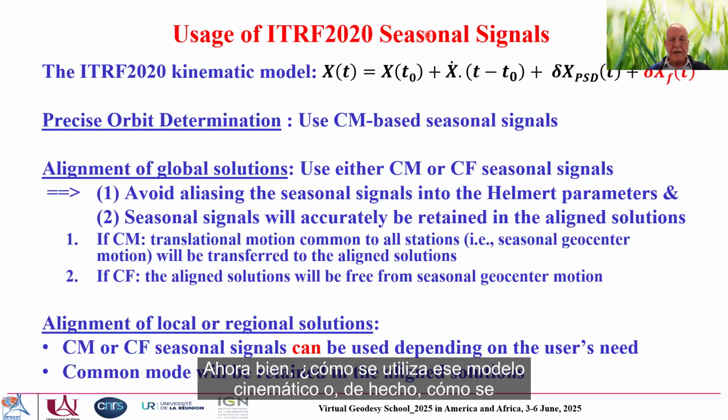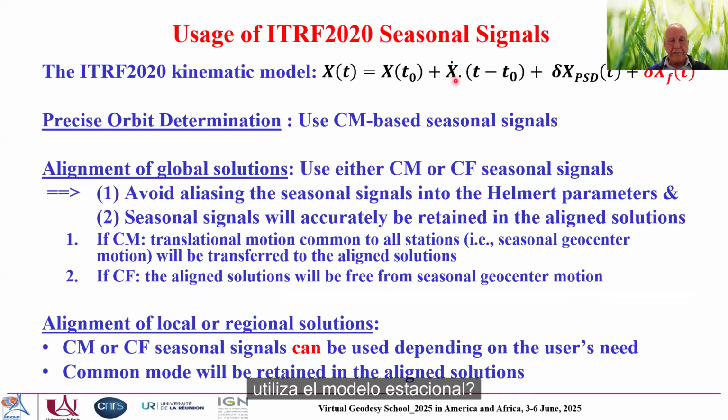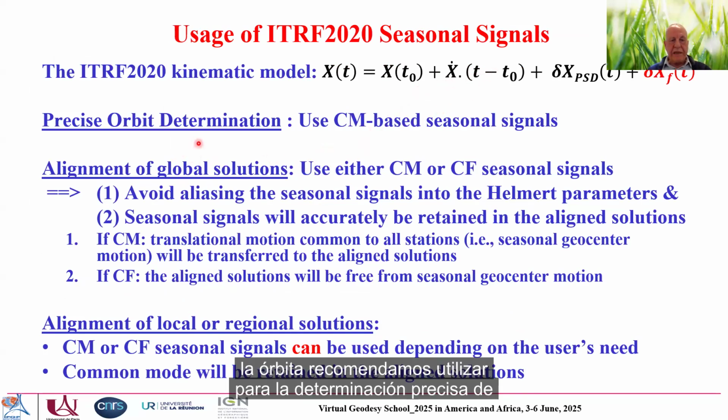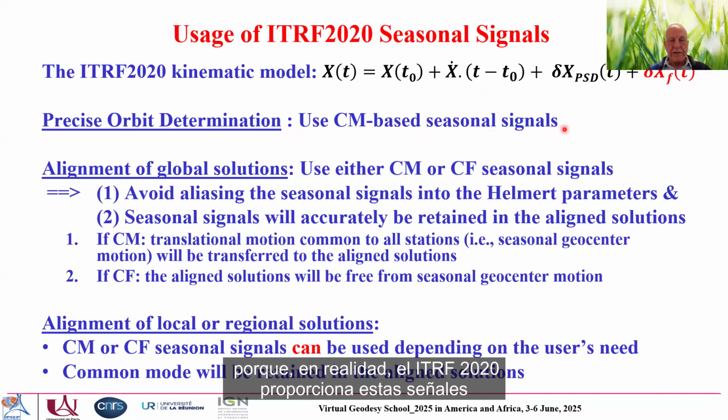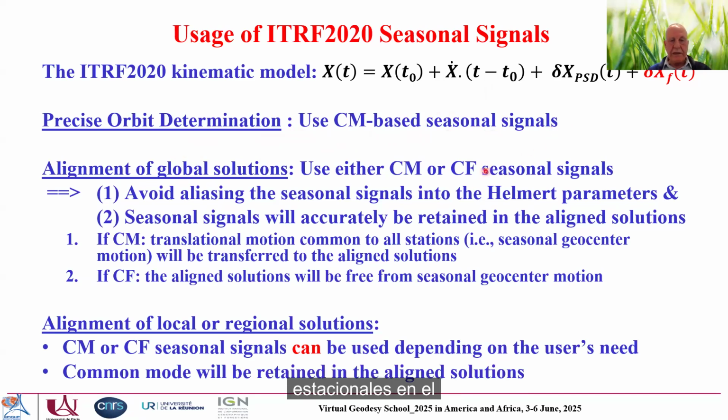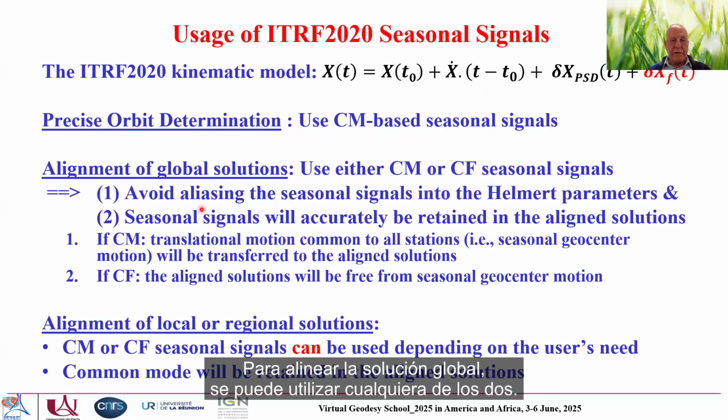Now, how to use that kinematic model, or in fact, how to use the seasonal signals. For precise orbit determination, we recommend to use the CM-based seasonal signals, because actually the ITRF 2020 provides these seasonal signals in the center of mass and the center of figure. So for alignment of global solution, you can use either one.